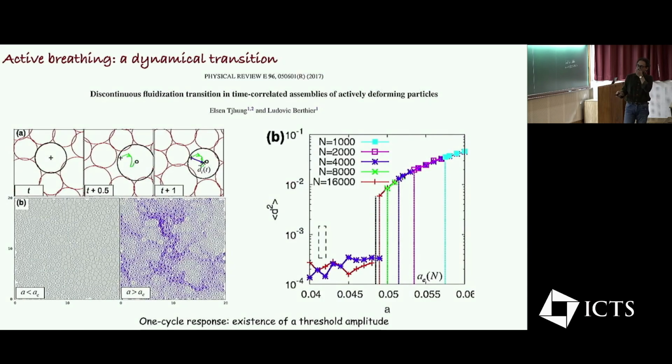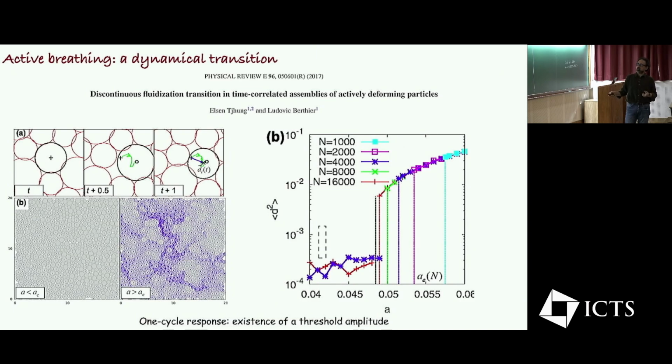So what this showed is that if you increase the amplitude of the oscillation, for very weak oscillations the system remains arrested, and only if you increase the oscillations beyond a certain threshold does the system start to get into large-scale plasticity and flow. And this is the amount of displacement undergone within one cycle of this oscillation.